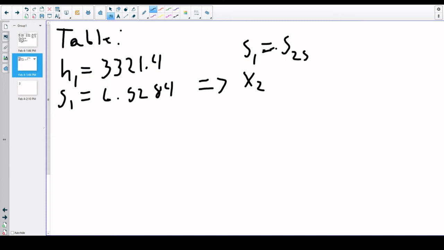And then we can find our quality, X2S, which is equal to S2S minus SF, and that is the entropy of saturated liquid at 6 kilopascals, divided by SG minus SF, SG being the entropy of saturated vapor at 6 kilopascals.